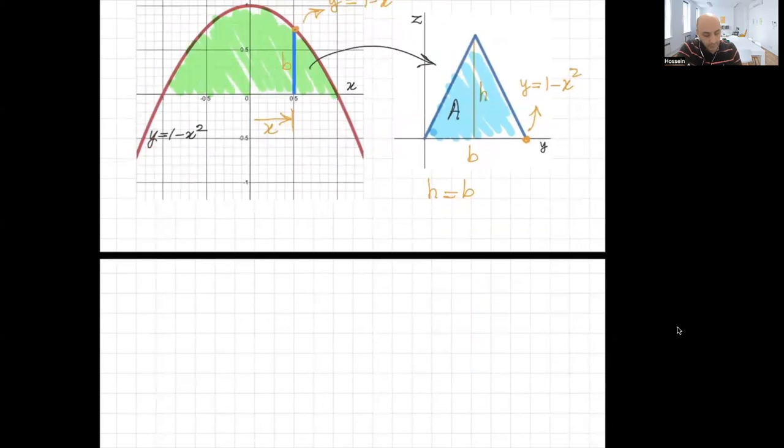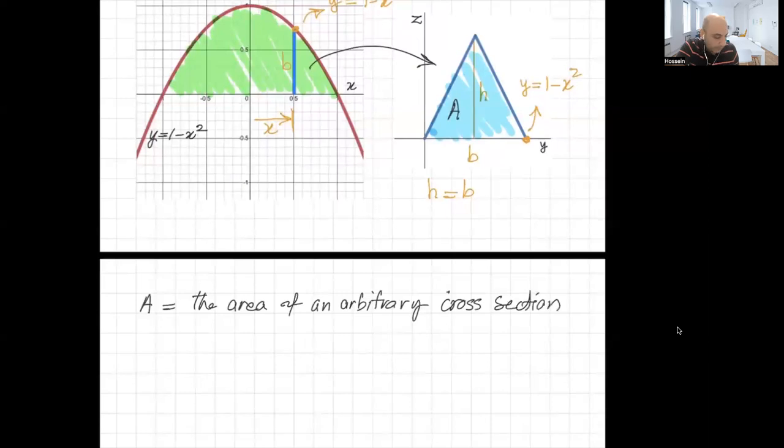So the area A of an arbitrary cross section at a distance x from the y-axis.